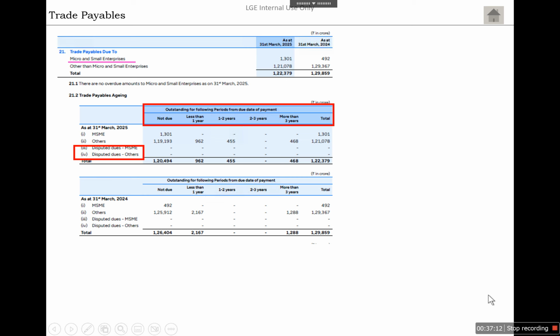So here we can check in practical life, it is divided into categories less than 1 year, 1 to 2 years, and like this, and disputed and undisputed are also disclosed. And there is a requirement in the MSME Act that payables to MSME category vendors should be shown separately. That's why it is shown separately here.